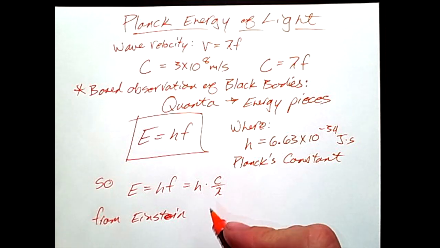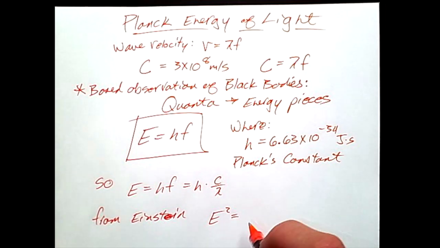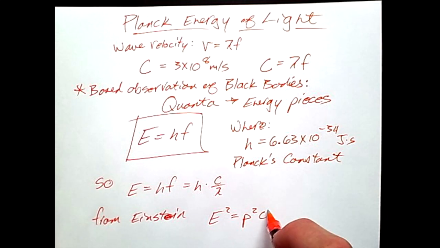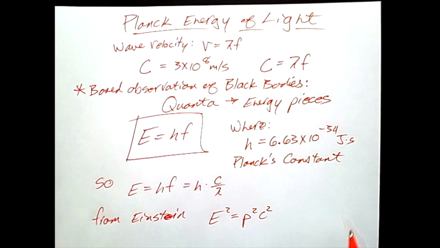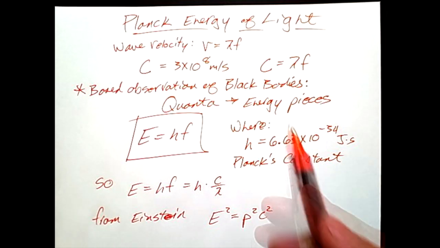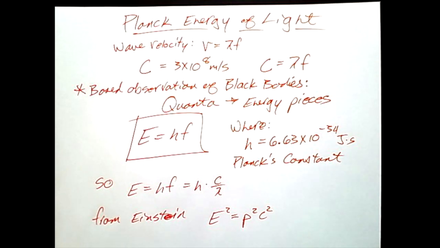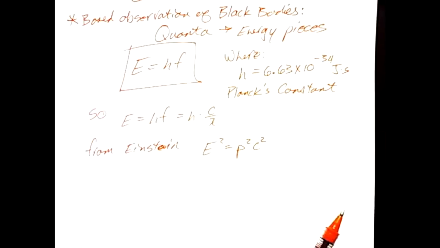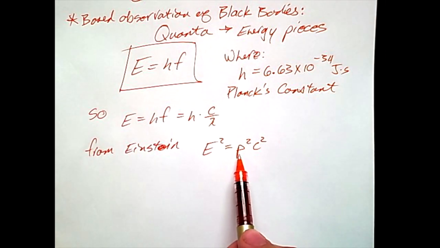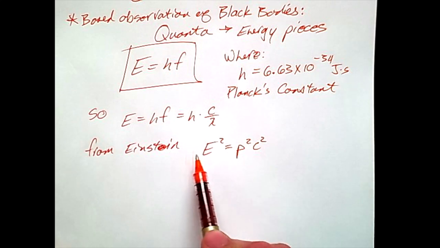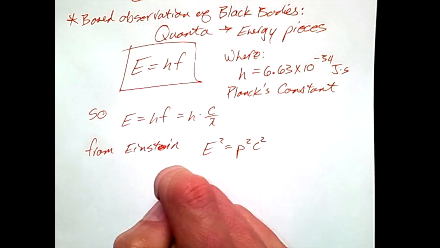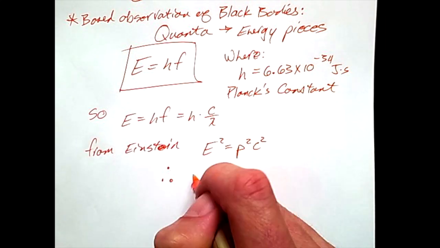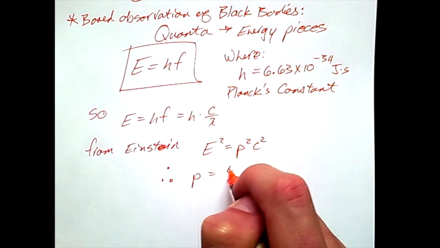What Einstein was able to derive was that the energy squared was equal to the momentum squared times c squared, plus some additional terms that can be set to 0 for most characteristics. So we're going to ignore those for this particular activity. But what that means is that the momentum of light is simply energy divided by the speed of light. And so therefore, p is equal to E divided by c.